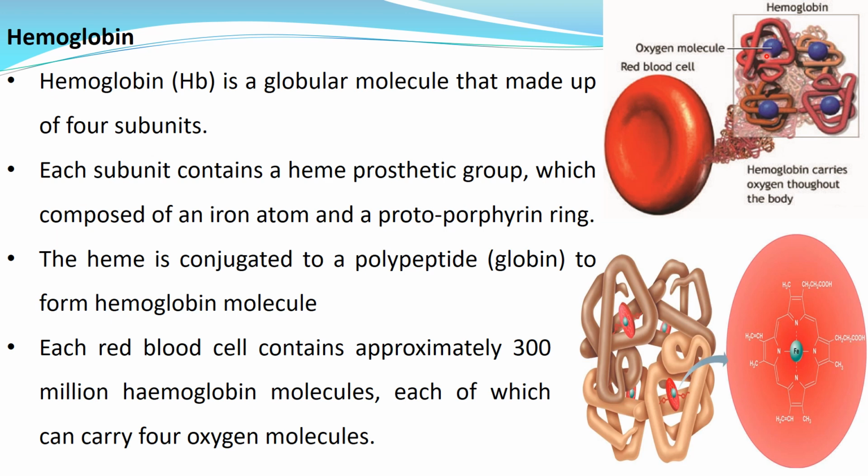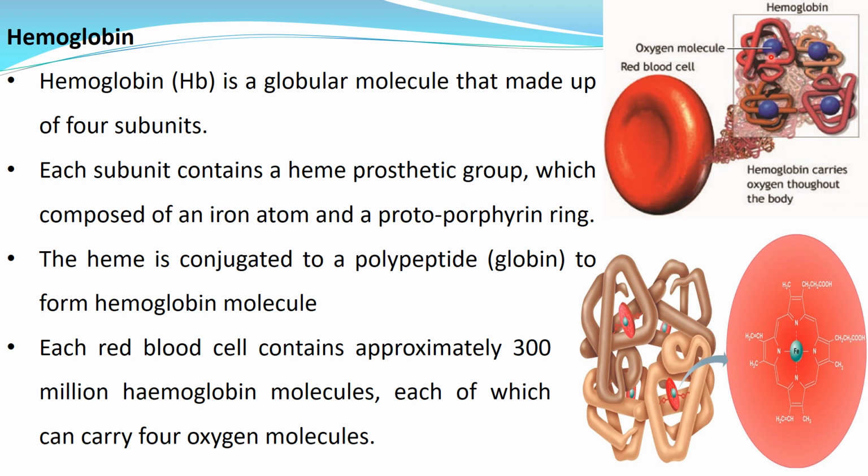If you have a look here, this is the structure of hemoglobin: 1, 2, 3, 4. So it's made of what? Of 4 subunits. Each subunit contains a heme, these blue painted spots.